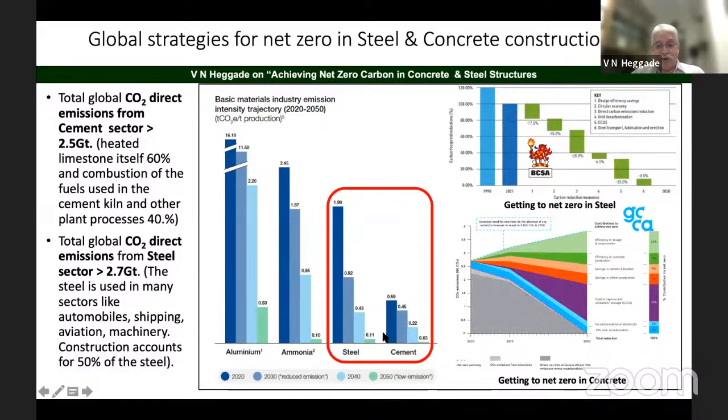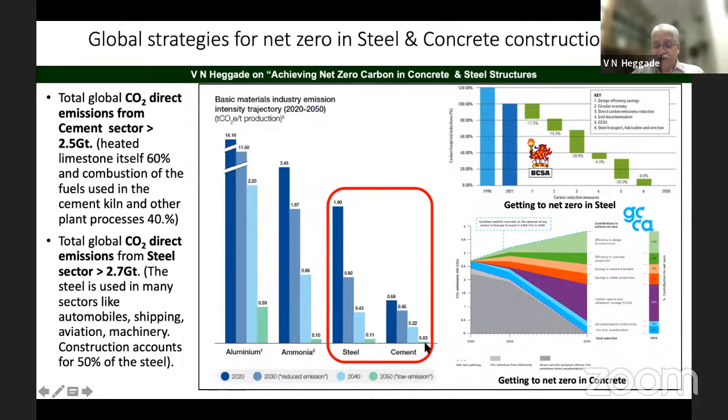And if it can be brought down to 0.11, that is what all these global players are estimating to do. That's what the target is. Similarly, in case of cement, in India for production of 1 ton of cement, around 0.8 ton carbon dioxide emission takes place. Globally, it's around 0.6 right now, and the global target is to bring it down to 0.03.